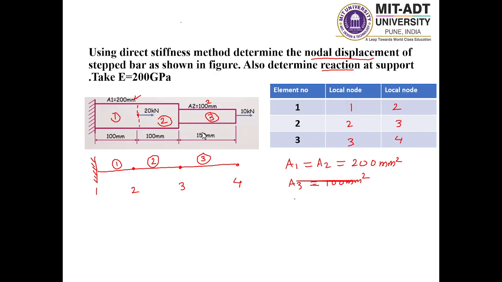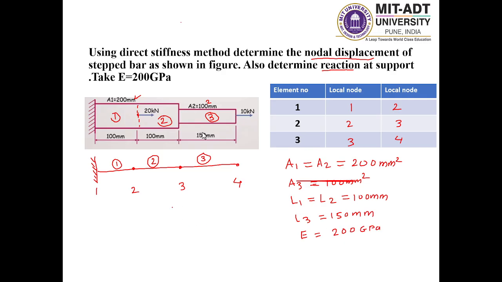The lengths of elements 1 and 2 are the same, so I write L1 equal to L2 as 100. The third length is given as 150 mm. One more thing is given: the E value, Young's modulus, which is equal to 200 GPa.